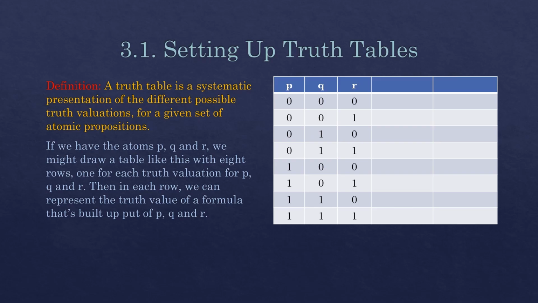We should write a total of 8 possible interpretations, but the sequence must be, as I said, 0 and 1, 0 and 1. And in this way, we can set up any truth table, but before setting up this table, we must pay attention to how many atomic propositions we have in this evaluation.